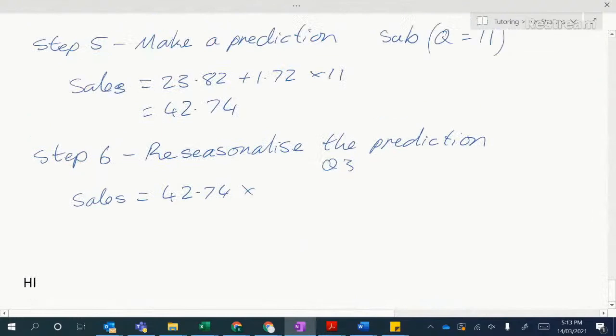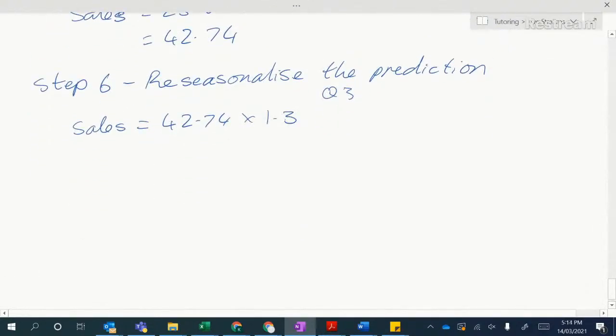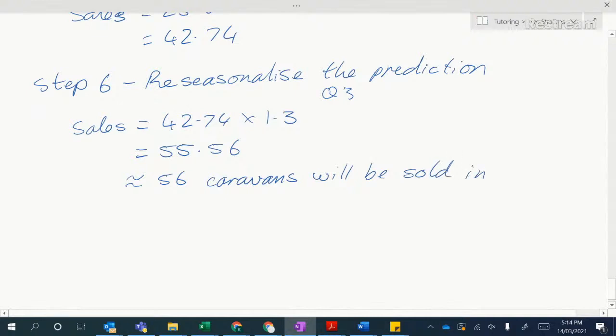So we're going to multiply our prediction by 1.3, and we get 55.56, which I'm going to round to 56 because this is the number of caravans sold.